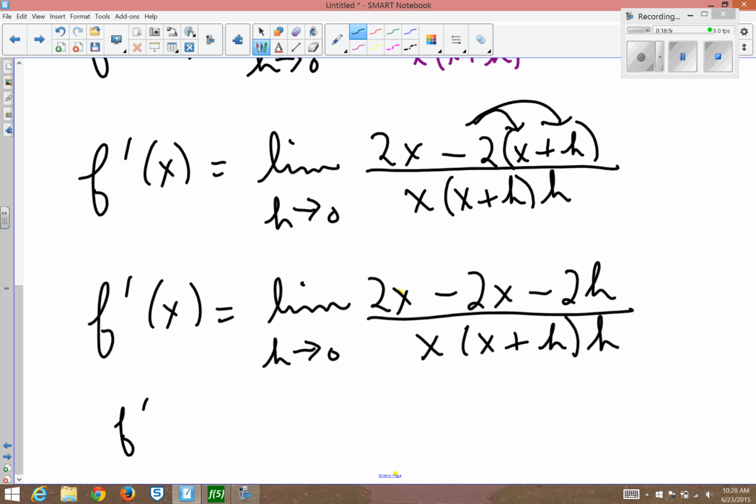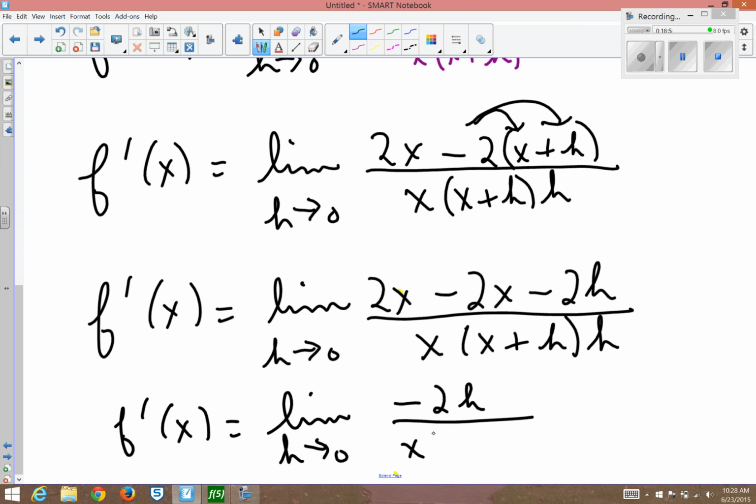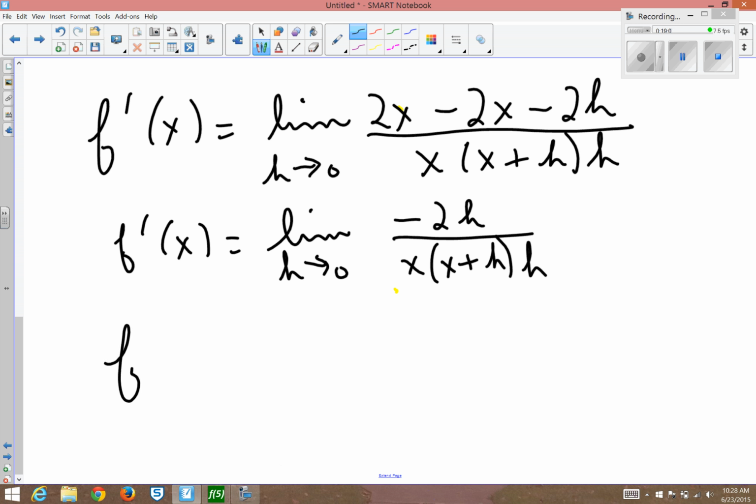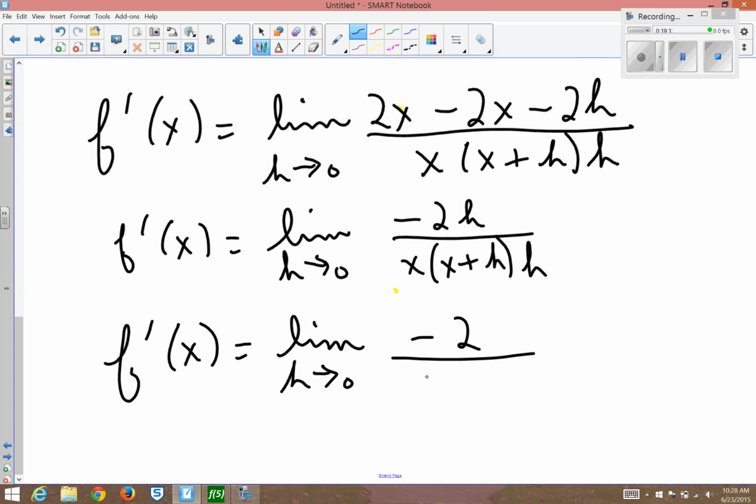So f prime of x equals the limit as h approaches 0 of negative 2h over x times x plus h times h, because 2x minus 2x is 0. So f prime of x equals the limit as h approaches 0 of negative 2 over x times x plus h, because the h up here cancels with this h down there.